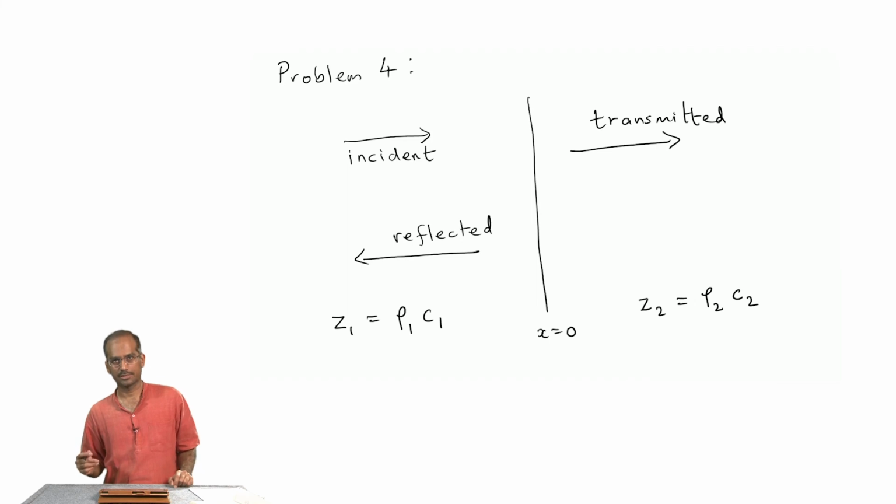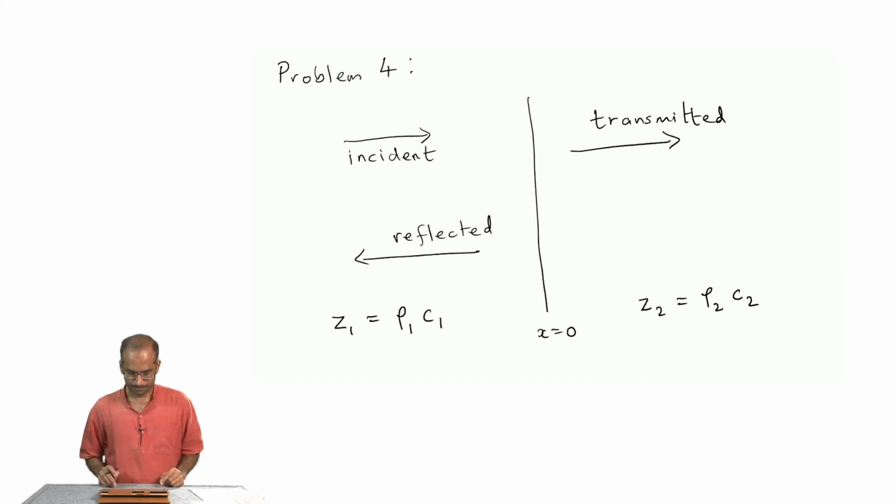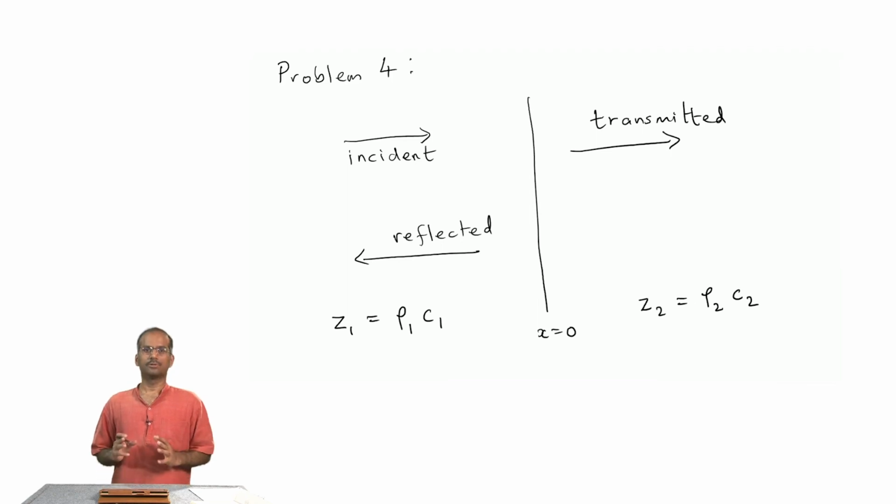So, rho 2 is the density and C2 is the velocity of sound in that medium. So, the question is standard: if I had an incoming wave, what fraction of it is reflected back into the same medium, what fraction of it is transmitted into the second medium.